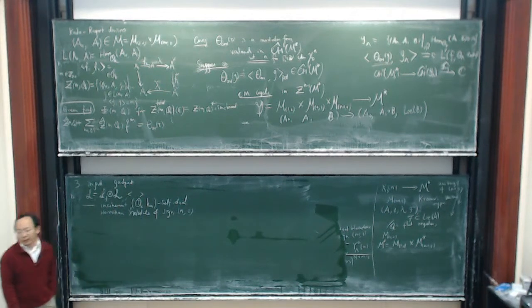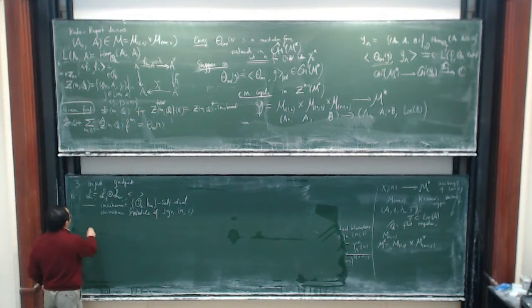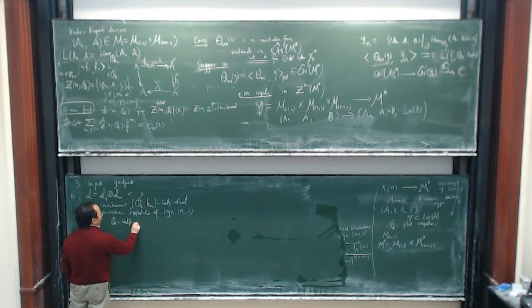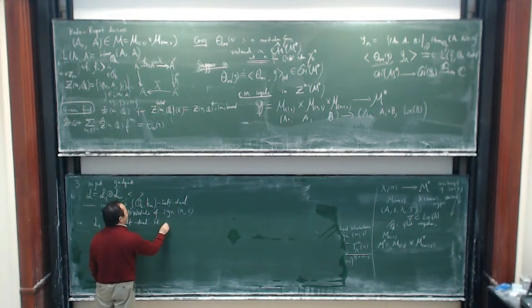Okay. So what this really is, let me just conclude it like this: L_F is just a self-dual Hermitian module.